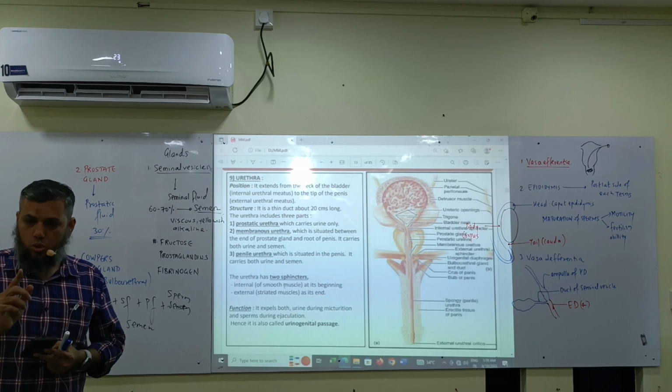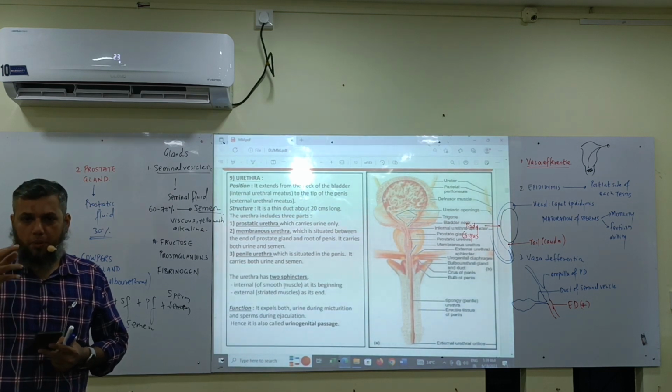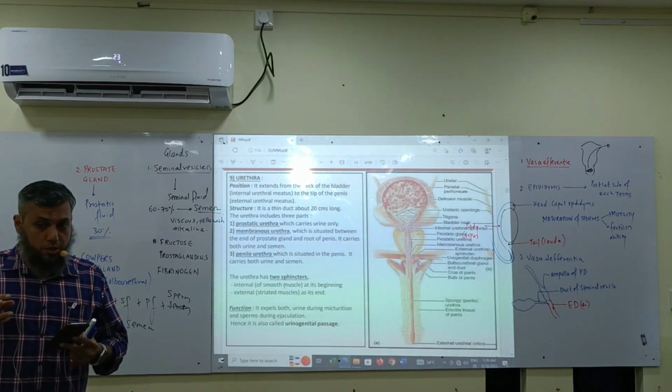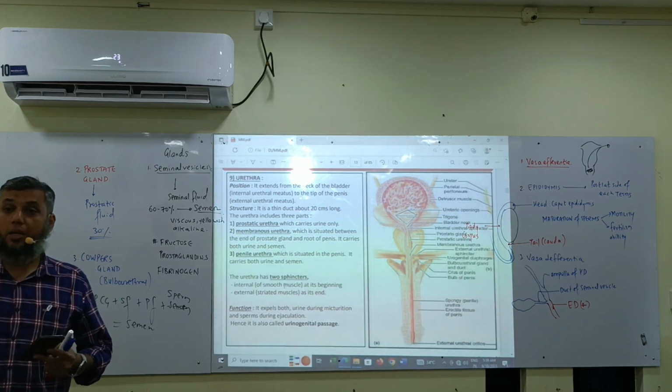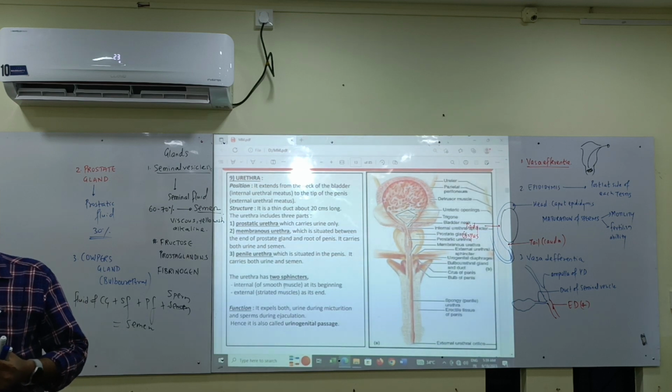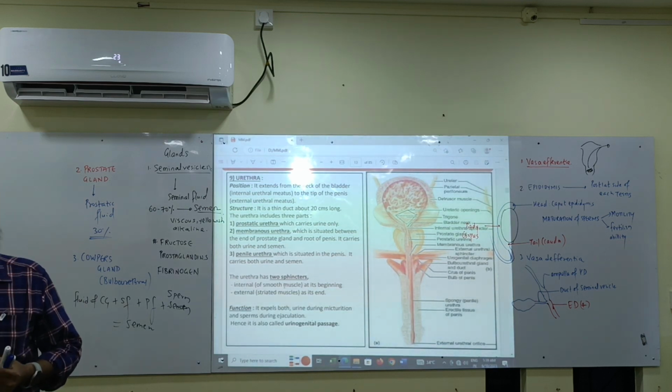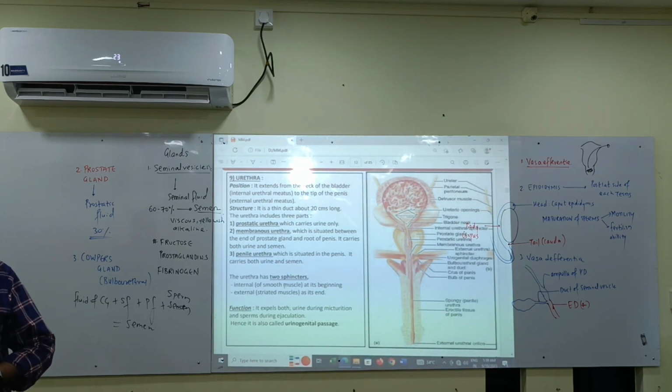So during a sexual intercourse, the human male is going to ejaculate how much? 200 to 300 million sperms per ejaculation. And how much is going to be the quantity of the semen? About 3 to 4 ml.